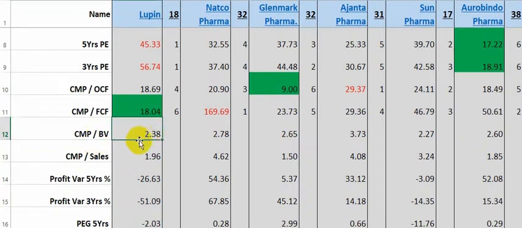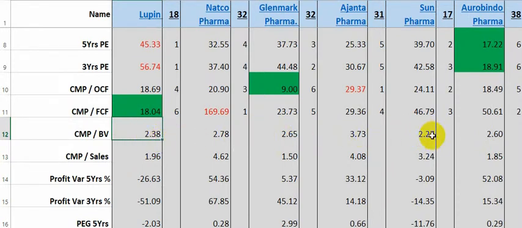Now here we don't want to pay more than 2.5 times the company's book or actual share value. We want to pay as little as possible when compared to the actual value of the share. Lupin's shares were available at 2.38 times its book value or net worth of each share.